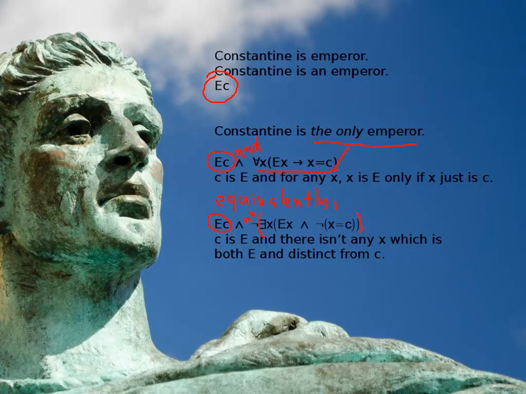Remember the not symbol, that funny thing that looks like a tipped over L? That. If I was to shield off that not, just the part here that I bracketed says there is an x such that x is an emperor, and it's not the case that x is C. But we've negated that whole thing. So we've said Constantine is emperor, and it's not the case that there is some x which is emperor and which isn't him. So that's how you say he's the only emperor.